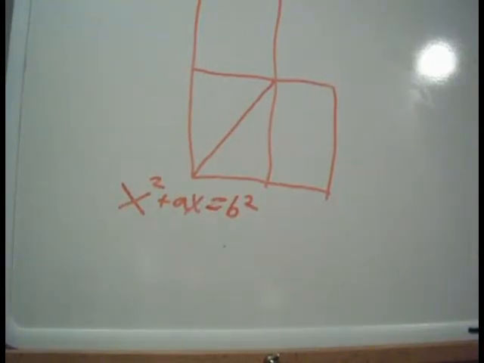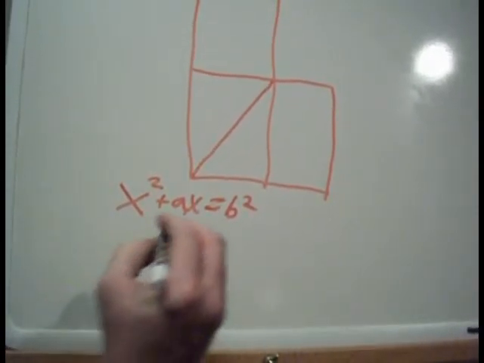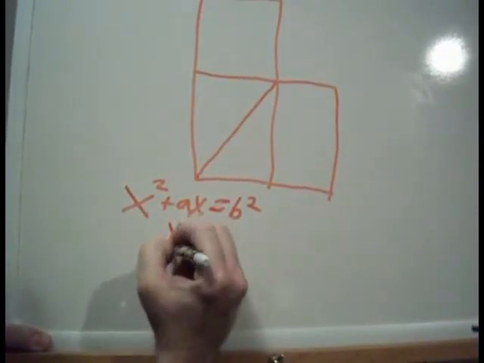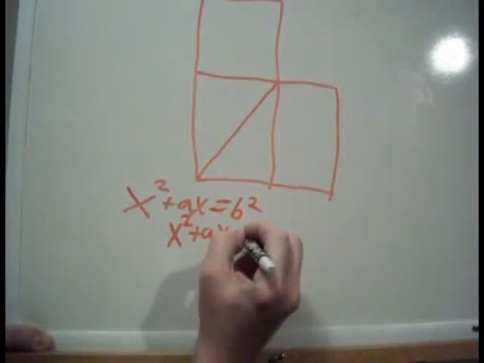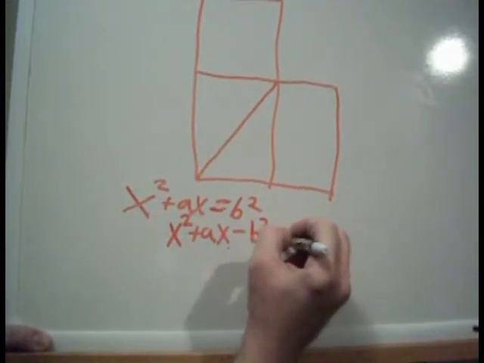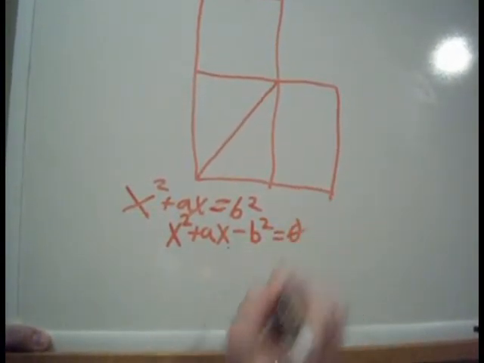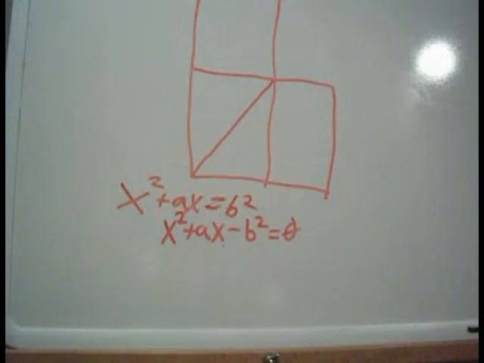It should, because if you just change it just a little bit, doesn't that look like a quadratic equation to you? Yep. That's what that is. That is a quadratic equation.